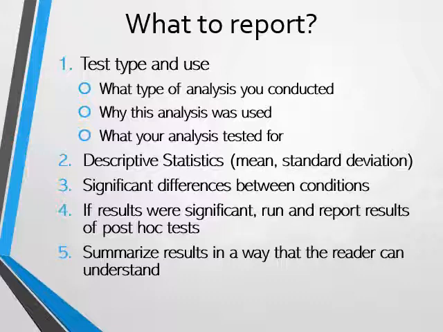If the results of your ANOVA analysis were significant, then you would have to run and report results from a post hoc test. If your results were not significant, there's no need for a post hoc test, and you can go right to your summary section and summarize your results. Finally, you'll summarize your results in a way that the reader can actually understand them.